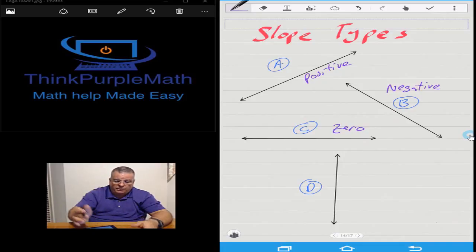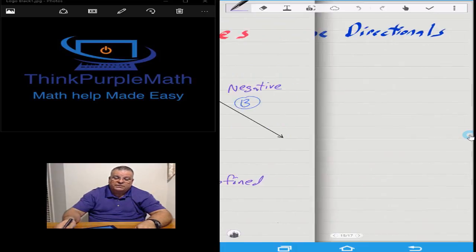D is straight vertical. It's an undefined slope. This is a vertical line. So the vertical line is undefined. The horizontal line is 0. So those are the slope types.